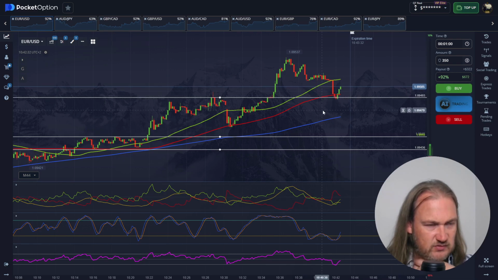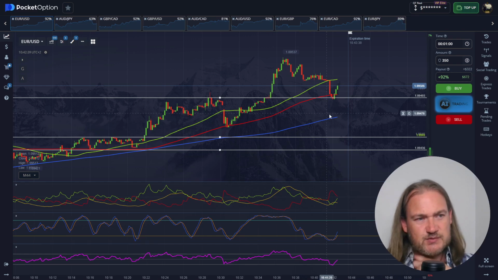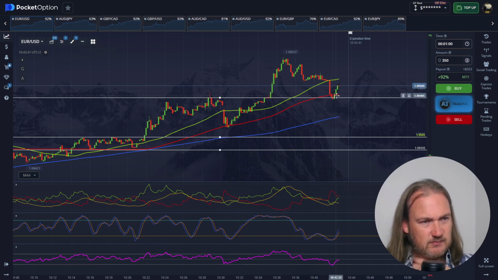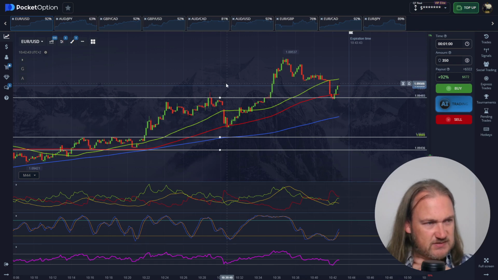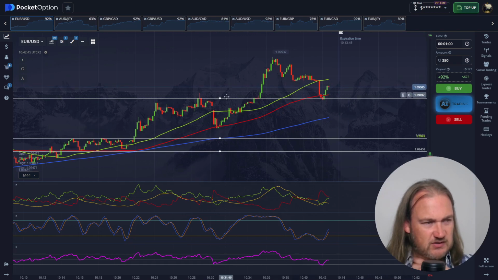It was right on this level. Sometimes you get so caught up in watching the current price that you forget about the price history, or just forget to look at a bigger picture. This was silly to have missed.